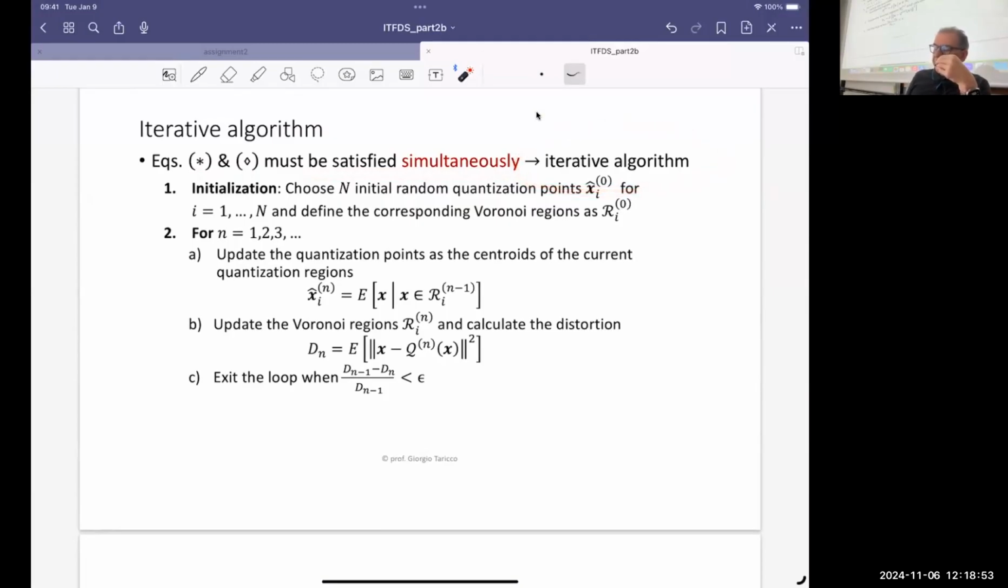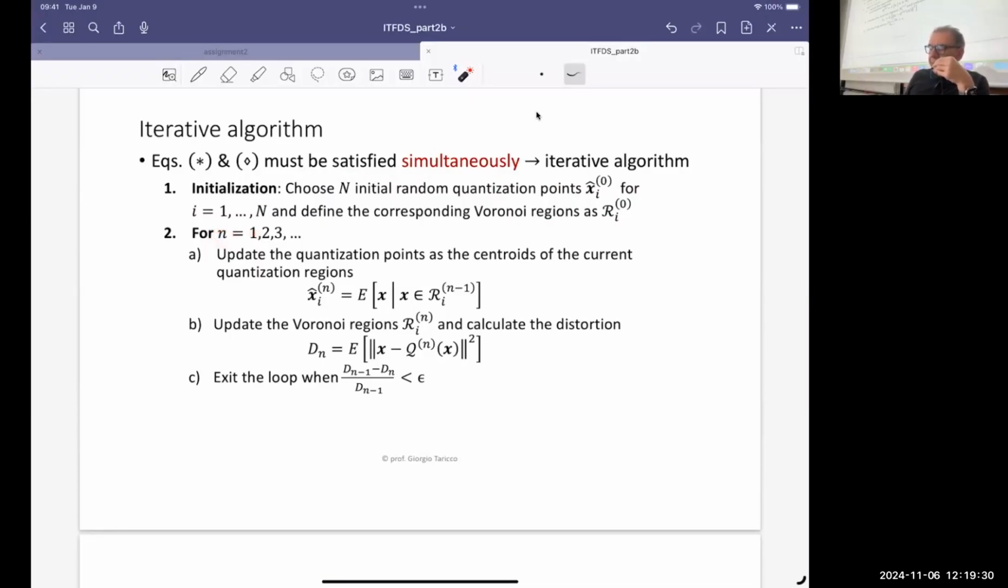The iterative algorithm is divided into two main steps. The initialization step, consisting of choosing n initial random quantization points, x at I 0, and defining the corresponding Voronoi regions, R I 0, and then iterate for n, that is the iteration index that goes from 1 to infinity.